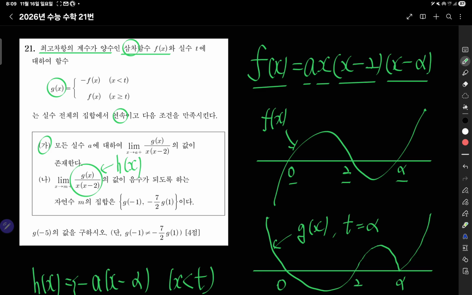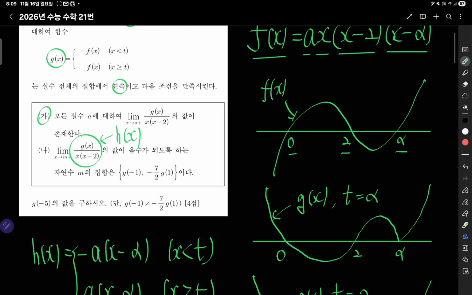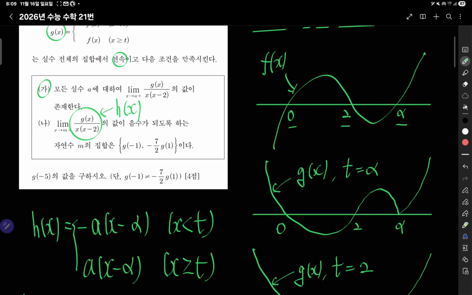And there are three cases for the graph of g of x. The first case is when t is alpha, the graph will be reflected at the point of alpha to make the graph of g of x.